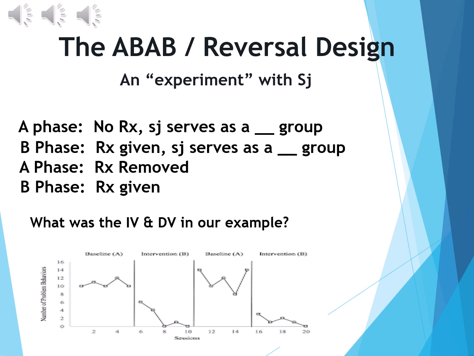So in phase A, it's rather analogous to a control group. Phase B serves the same function as the experimental group. In phase A, the treatment is now removed, and in phase B, the treatment is added in again.